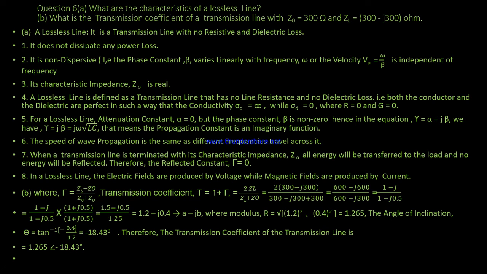Now the angle theta is calculated to be arctan of 0.4 over 1.2, that gives us minus 18.43. Therefore, the transmission coefficient of the transmission line is 1.265 with an angle of minus 18.43 degrees.